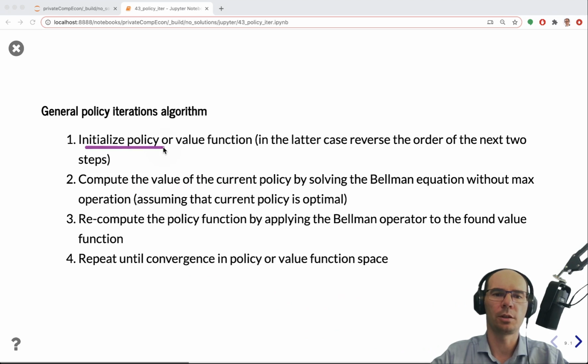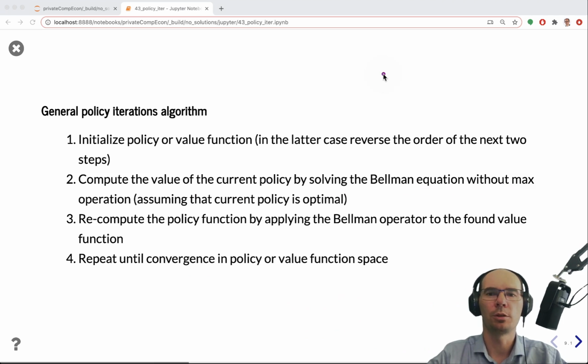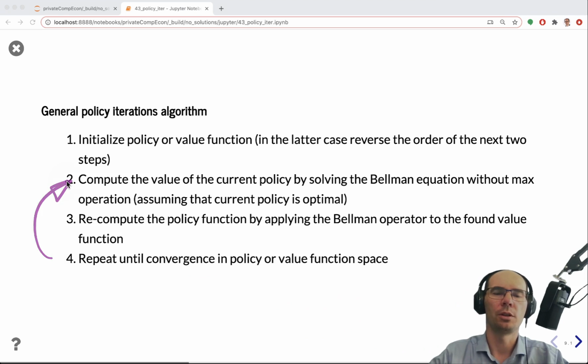If we initialize the policy function, then the next step is to compute the value of this initial policy by solving the Bellman equation without the max operation for the new approximation of the value function, and then recompute the policy function by applying the Bellman operator once to the current approximation of the value function, and then repeat until convergence, going back to step 2, right?